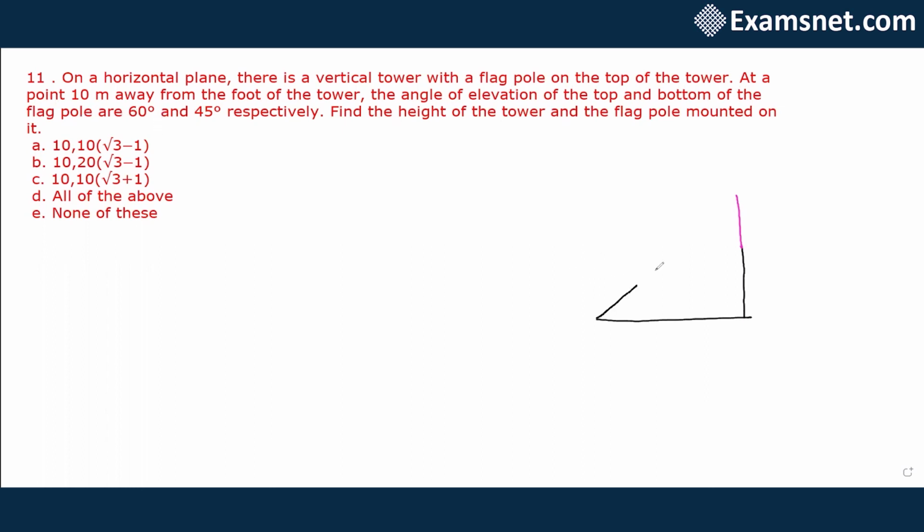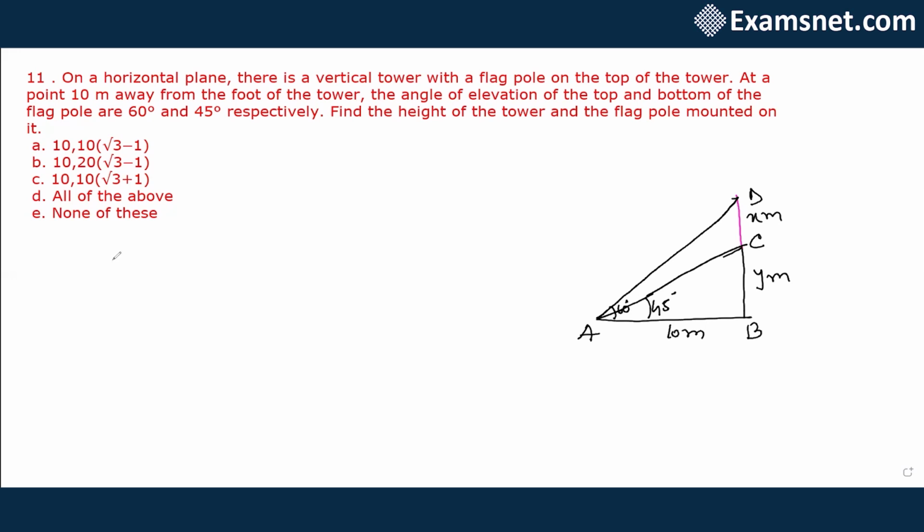That means it is 60 degree, this angle, and the bottom of the flagpole is 45 degree. The distance, okay, 10 meter away, the point. So it is 10 meter. So we can assume that the height of the tower as y meter and the height of the flagpole as x meter. Okay, so let's start with the solution steps.